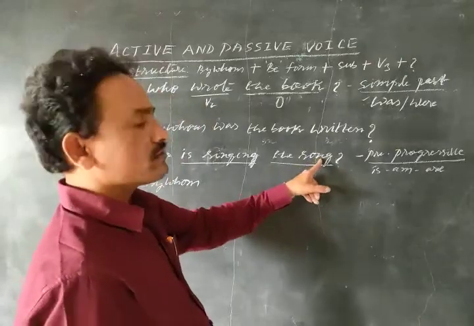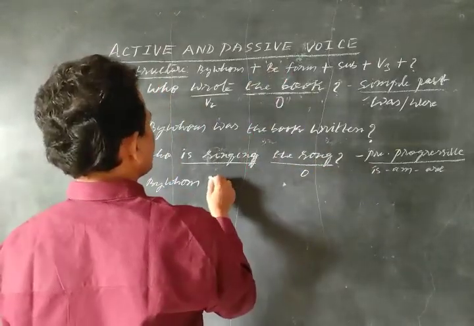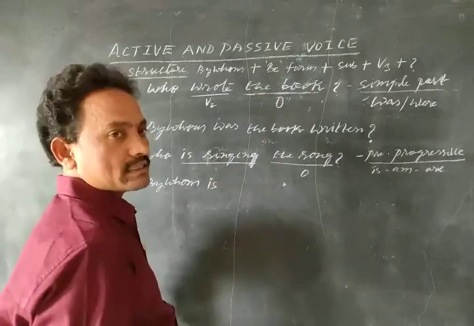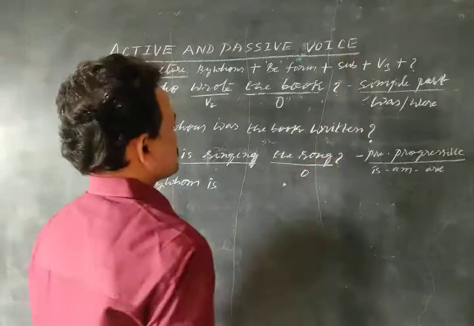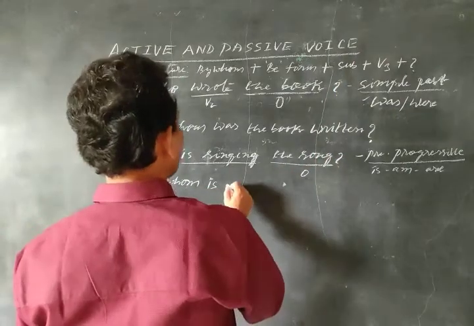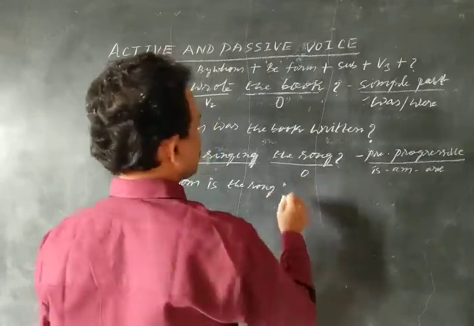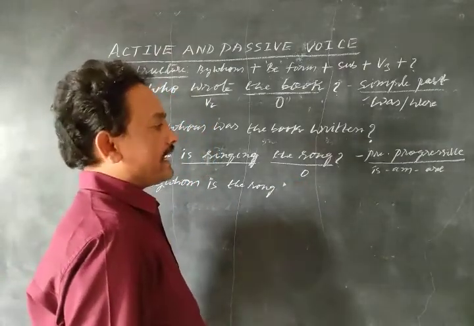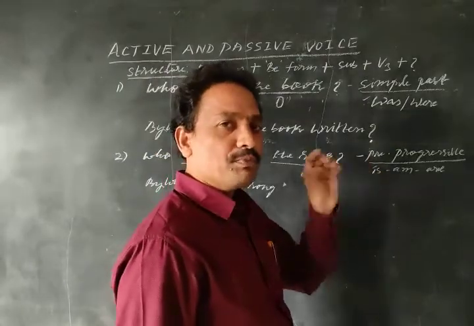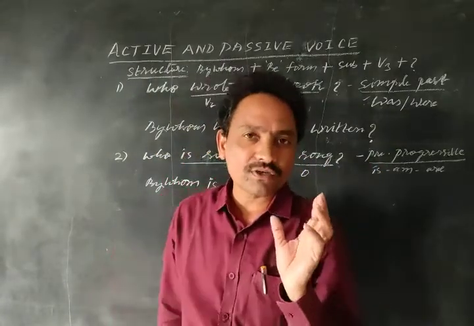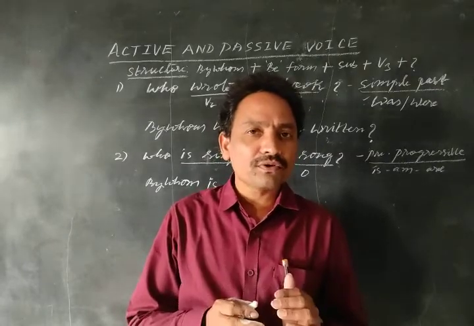Okay, this song is singular, so be form is. Then next subject, this song. By whom is the song? Along with this be form, in progressive tense, the word being is also used, but being is used before V3.